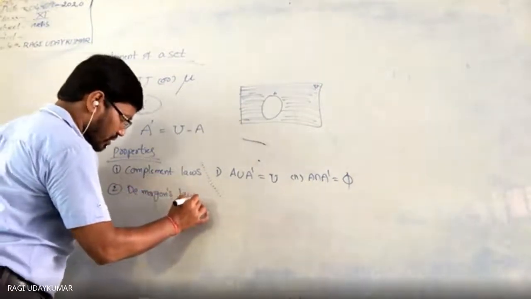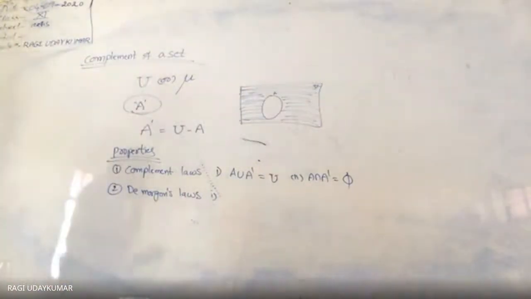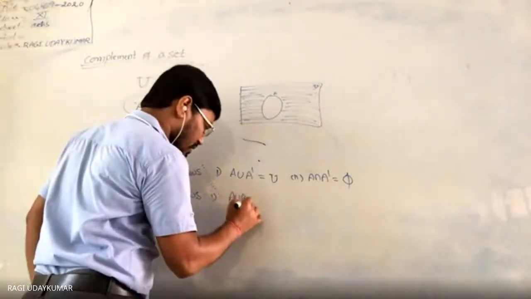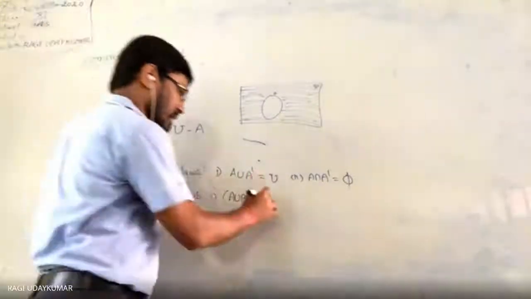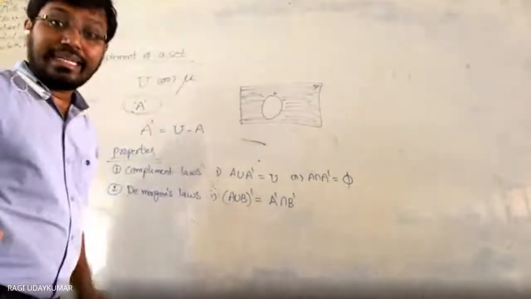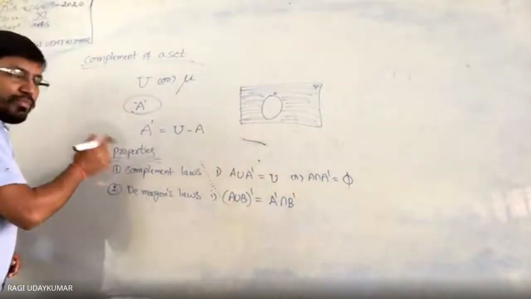Next one, De Morgan's laws. These are very important. So there are 2 De Morgan's laws. A union B whole complement will be equal to A complement intersection B complement. Union becomes intersection, reversed. Through the Venn diagram also you can prove that one.